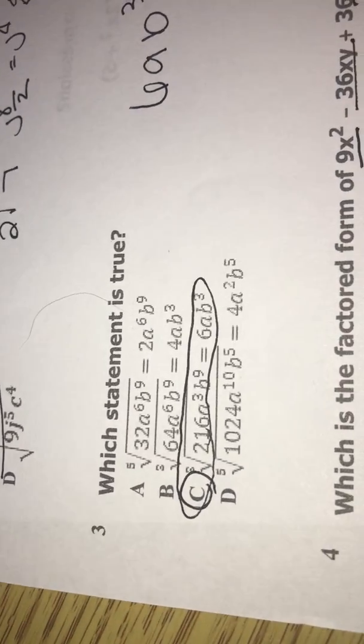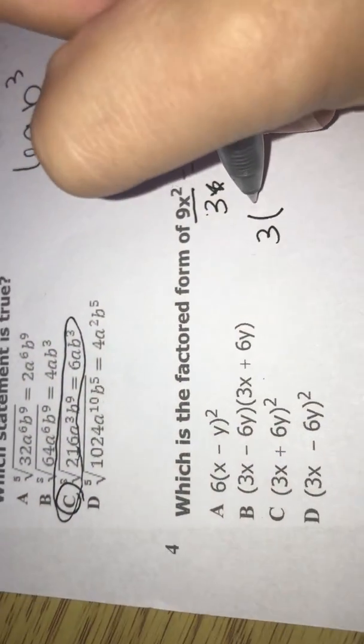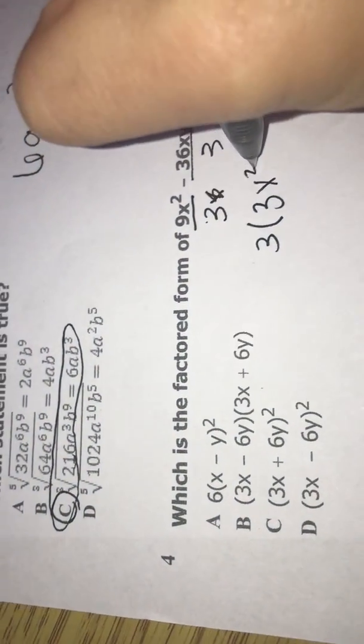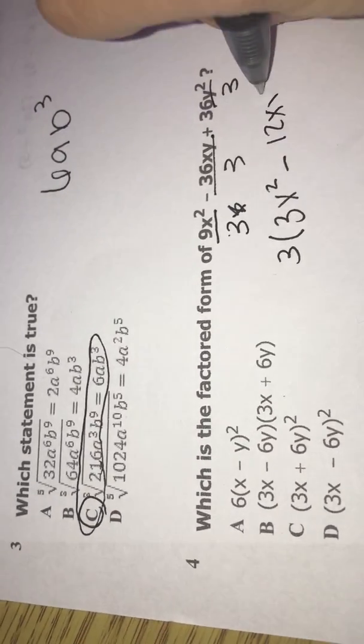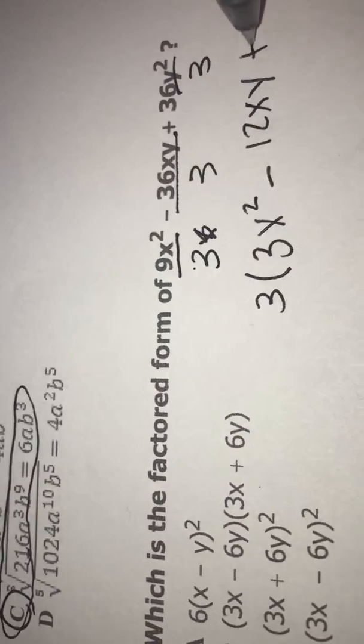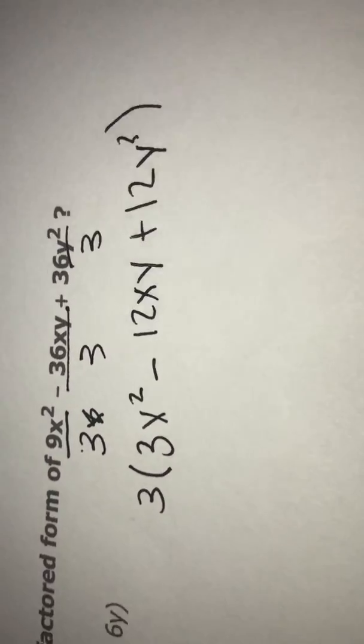And you're going to put 3 out front since that's what you divided it by. So it would be 3 times x squared minus 12xy plus 12y squared.